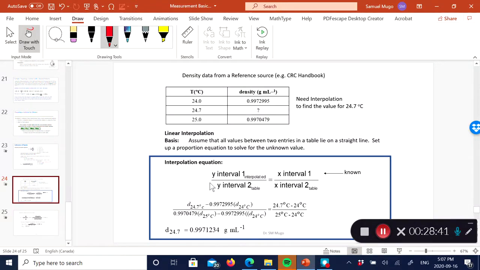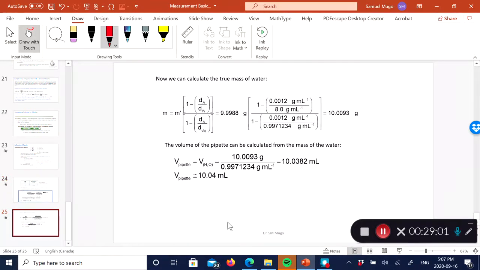I think I already showed some of you how to do that. That's how you do the interpolation to get the density at the exact temperature. So you don't round up, you don't round down, you do the interpolation as I have shown here. That way you can get the volume of your calibrated pipette.